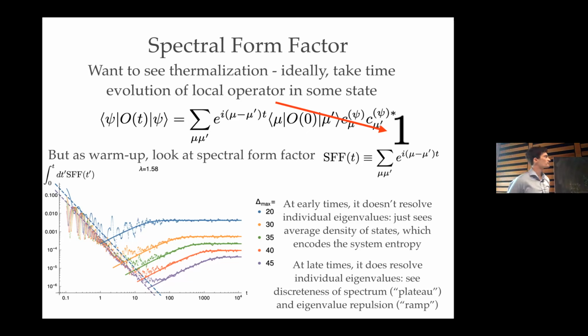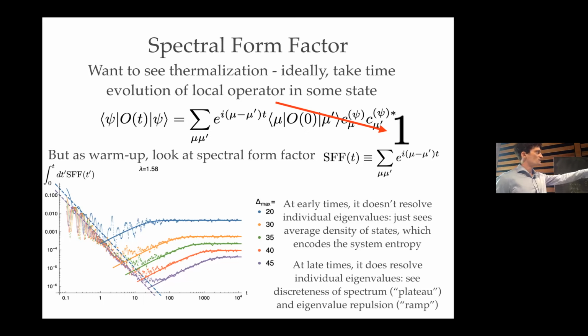It kind of has a couple different regimes. At early times, the time is too small to sort of resolve the individual eigenvalues. So you're really only sensitive to the density of states. At late times, you start to see the spacing between the eigenvalues, and then you do start to be sensitive to eigenvalue repulsion and the discreteness of the spectrum. And so the wiggly curves are the data, and then I've plotted at early times, the dashed lines are the prediction from the density of states.